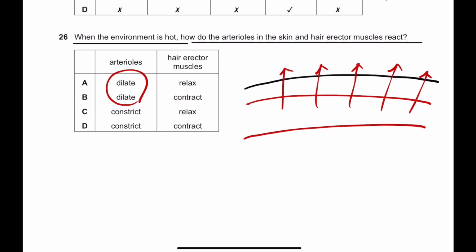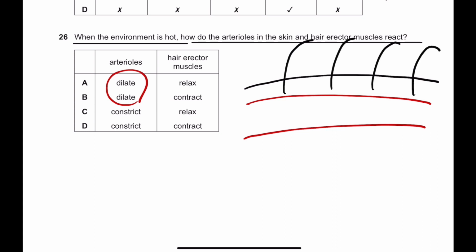And the hair erector muscle will relax. When you're cold, your hair will rise, it will erect, because your body radiates heat and warms up the air particles closer to your skin. The function of the hair is to trap all this warm air surrounding your body.